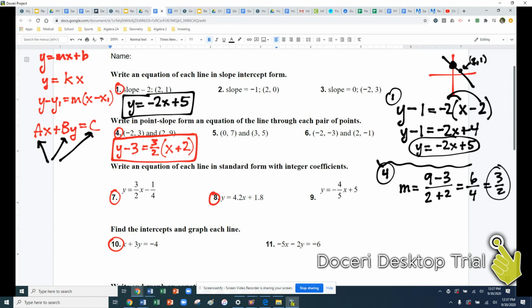They must be integers. Or in other words, you can have no fractions or decimals. So to be in standard form, there is no fractions or decimals. There's all just positive, negative whole numbers. So a, b, and c, we must make into integers.